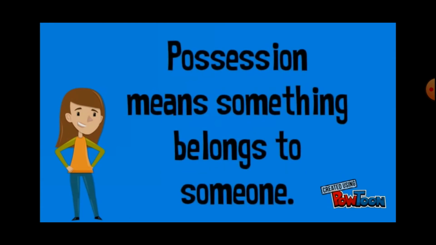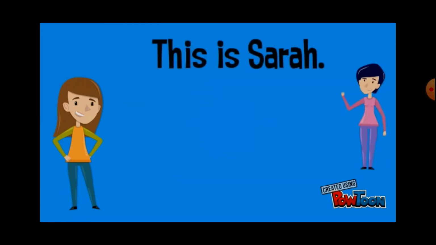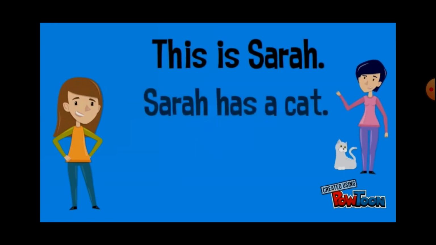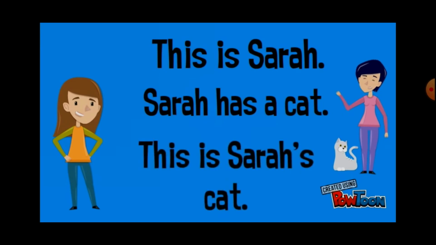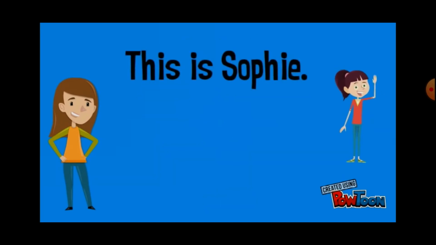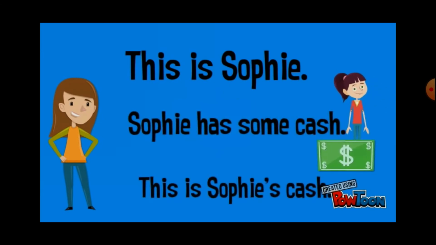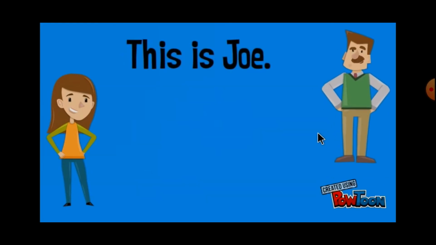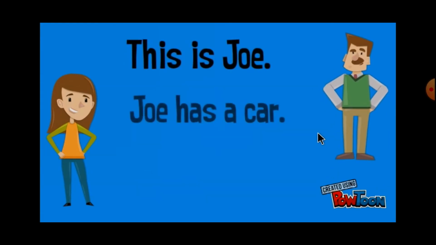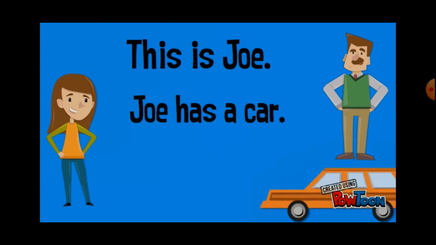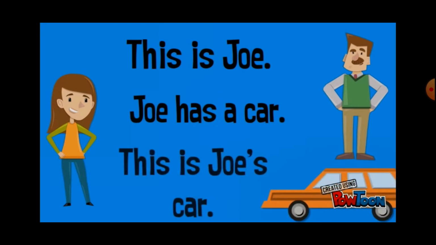Possession means something belongs to someone. This is Sarah. Sarah has a cat. This is Sarah's cat. This is Sophie. Sophie has some cash. This is Sophie's cash. This is Joe. Joe has a car. This is Joe's car.